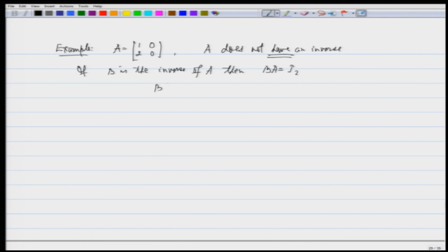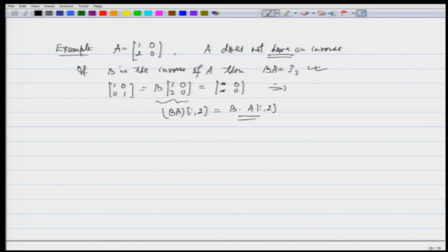But if I multiply B with 1 2 0 0, I will get something here and 0 here, because recall that if I am looking at the second column of BA, then it is nothing but B times the second column of A. But we are saying that B times A is I 2. So, this should be equal to 1 0 0 1, and therefore, what we are saying is that this vector 0 1 should be equal to 0 0, and that is a contradiction.